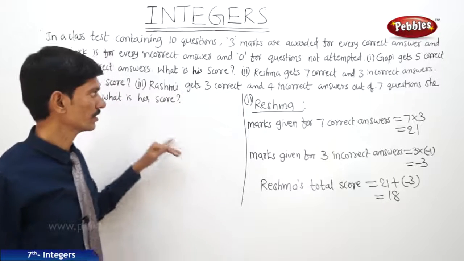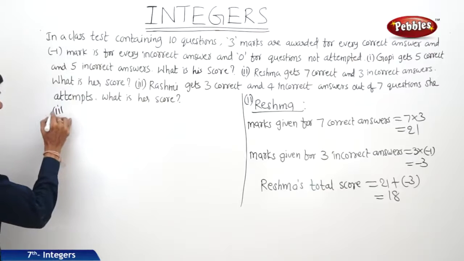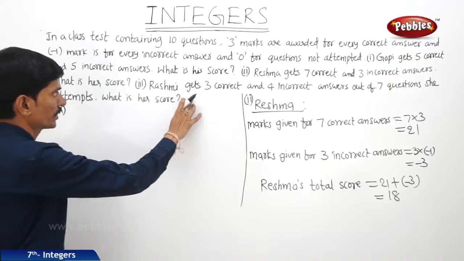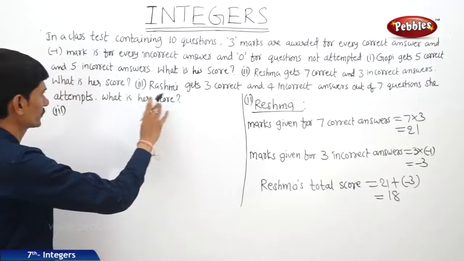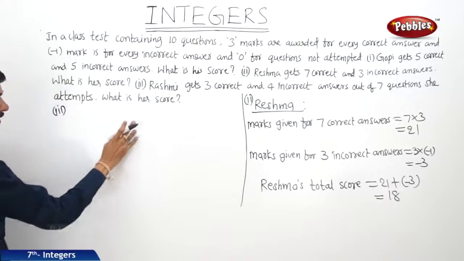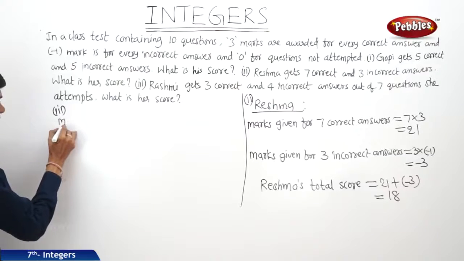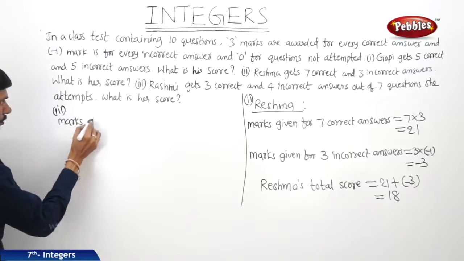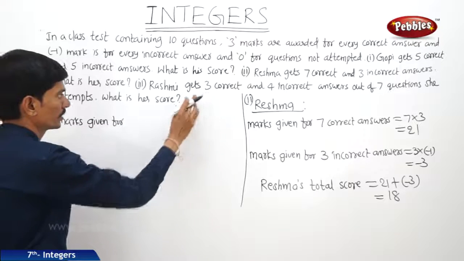Now let us find Rashmi's score. Third case. She gets 3 correct and 4 incorrect answers out of 7 questions she attempted. She did not attempt 3 questions, so for that she got 0 marks for each question. First let us find the marks given for 3 correct answers.